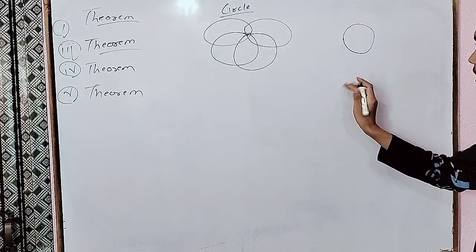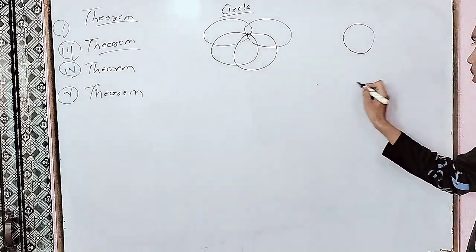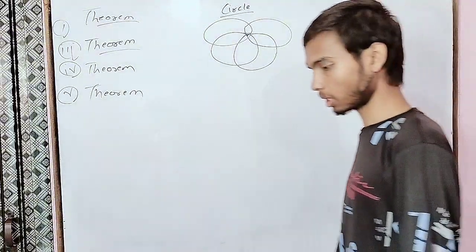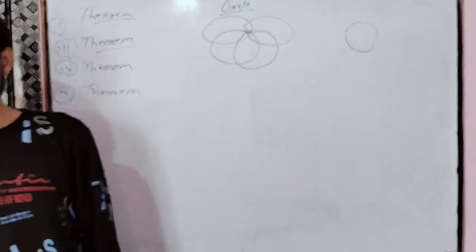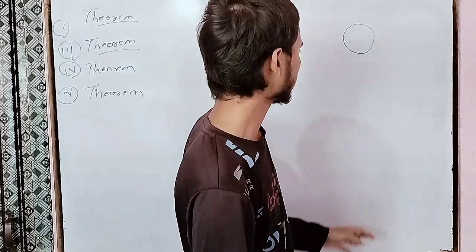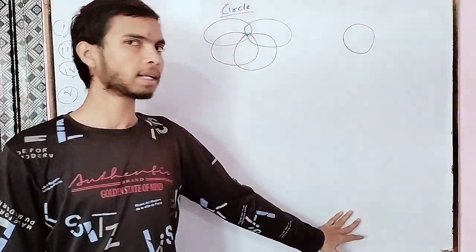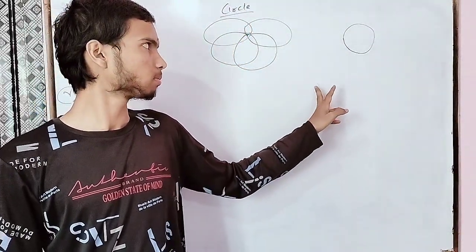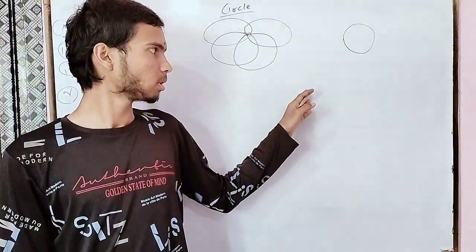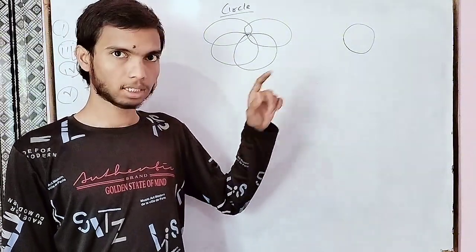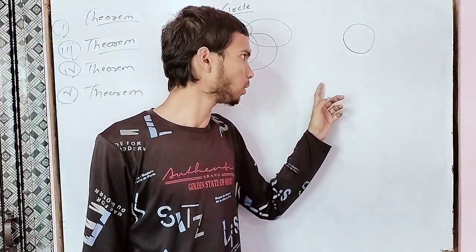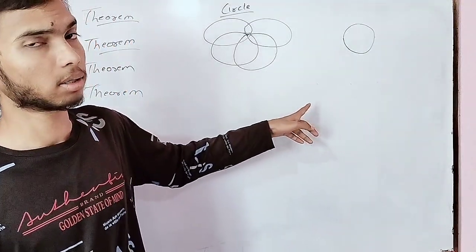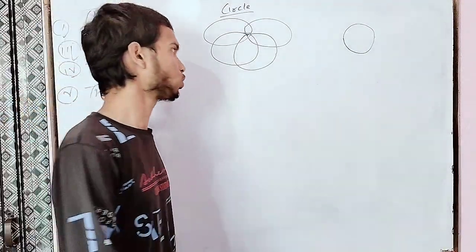When it comes to three points, how many circles can pass through them? Can a circle contain all these three given points? Of course not.